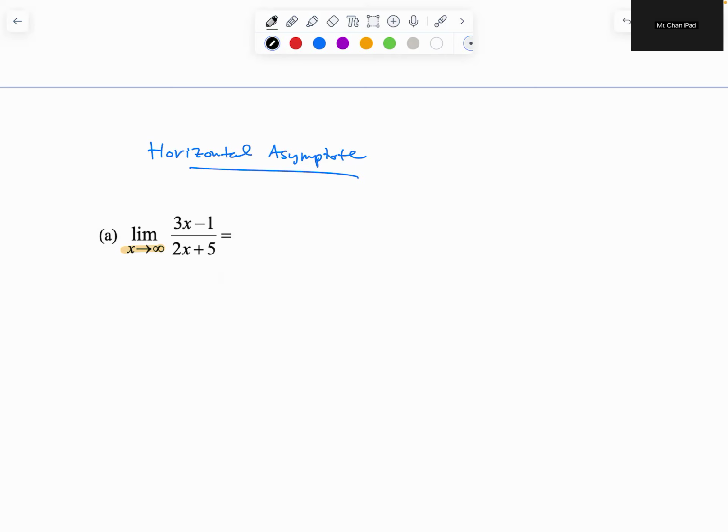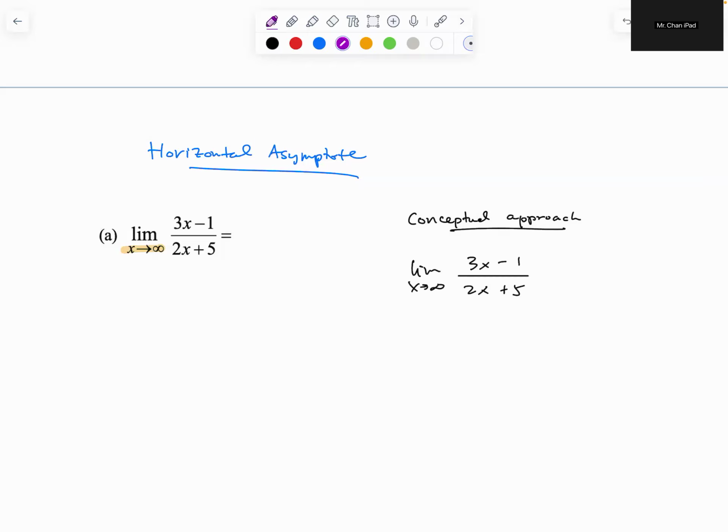So first, let me go over the conceptual approach. My professor from Calculus 1 taught me this, and it's so darn useful. The argument is very simple, and we can do this within seconds if you are really good at this. So the conceptual approach is this. x is going to be a gigantic number, right?